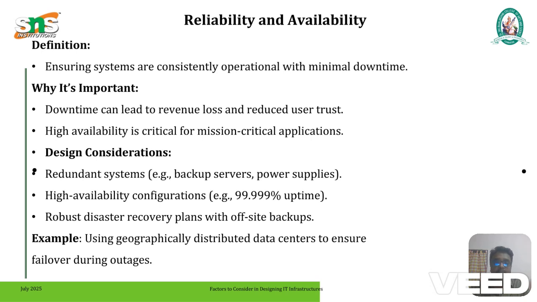We can establish this by making use of redundant backup services and also providing power backup. We should make sure that our system is highly available so that it runs at 99.99 percent uptime, and we should also employ robust disaster recovery systems in case of any issues.